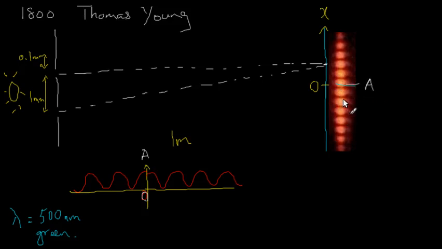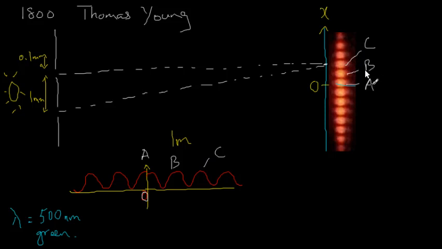Imagine that if I move along here, it goes bright, dark, bright, dark, bright, dark. So I plot the graph of the brightness. A would have a peak for this one, and the next bright fringe, if I call that B, would be that one. If I call that one C, that would be this one.